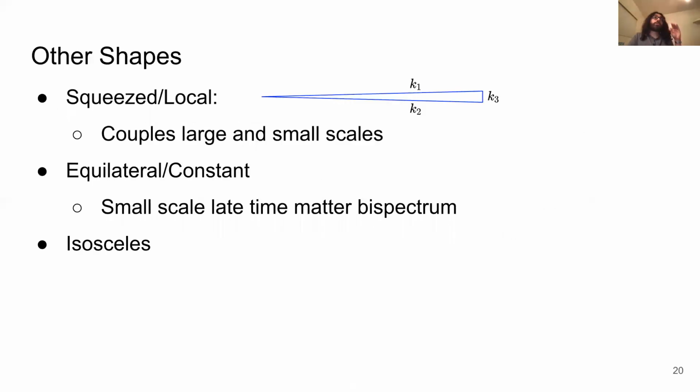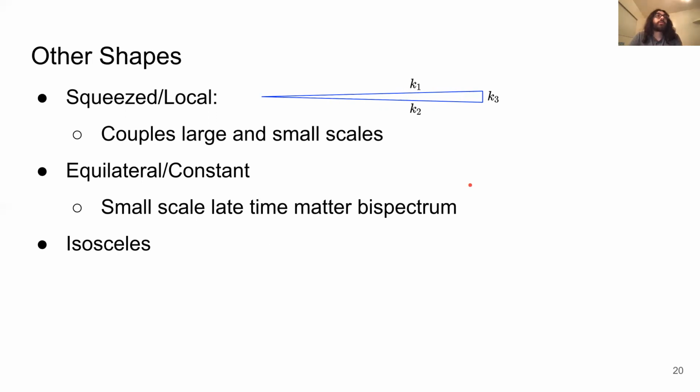Some other shapes include the squeezed or local shape, and that's where you take K1 and K2 to be about equal, and they're much, much greater than the third, K3. What this does is couple these large scales, which correspond to the tiny k, and the small scales, which correspond to these large k.